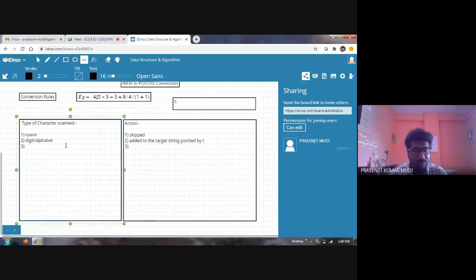Okay. Next, suppose the character scanned is an opening bracket, opening parenthesis. Okay. So what will happen? Simply it is added to the stack by calling the push function. Okay. Next, closing bracket, closing parenthesis.